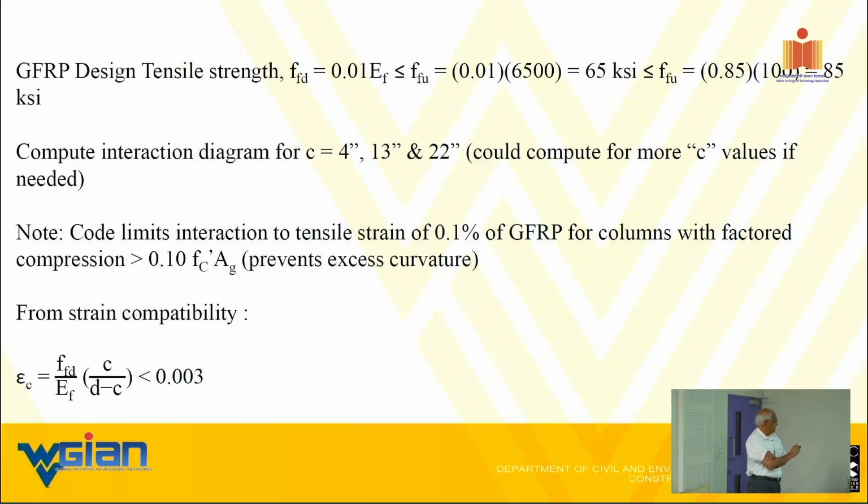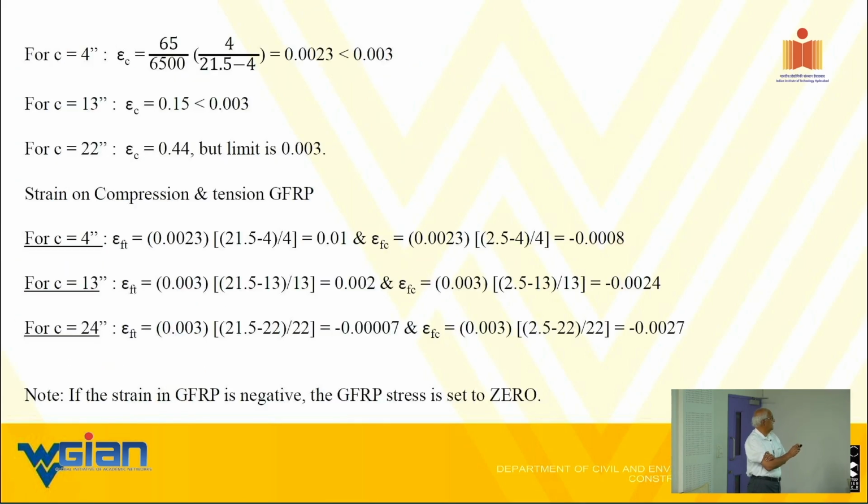The strain compatibility is given. I'm going to find the capacity of P for different C values. The compression block values of 4 inches, 13 inches, 22 inches, things like that. That's what I'm trying to do.